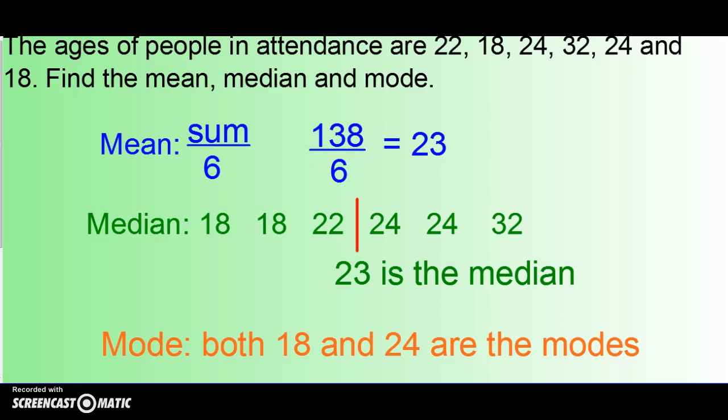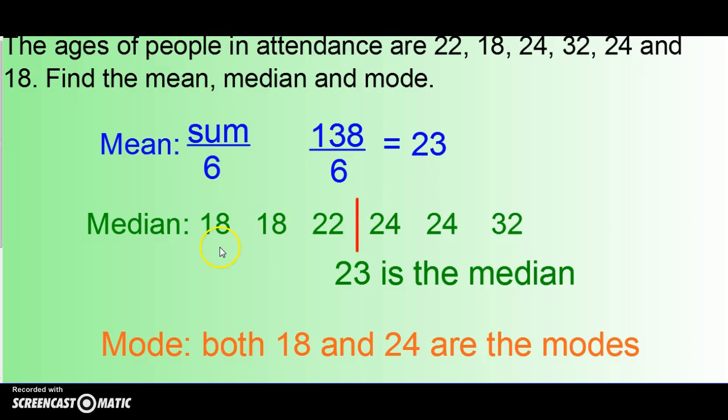All right, first example, the ages of people in attendance are, and you see the data there, find the mean, median, and the mode. So for the mean, you would add all of the data points up, and then because there are 6 data, you would divide by 6 and get the mean of 23.